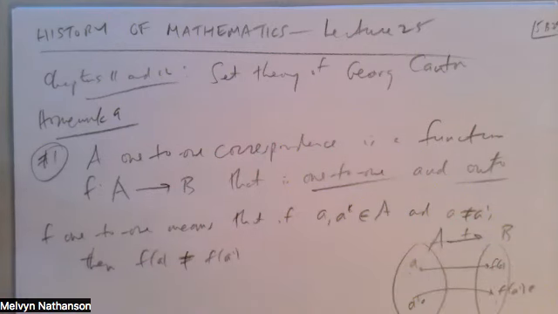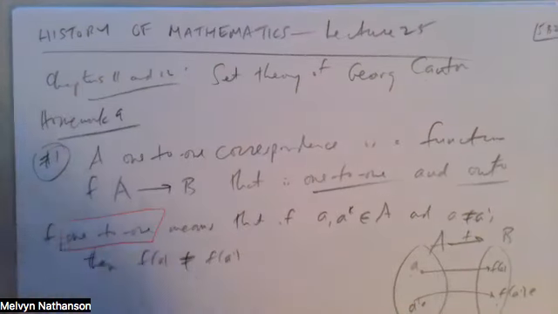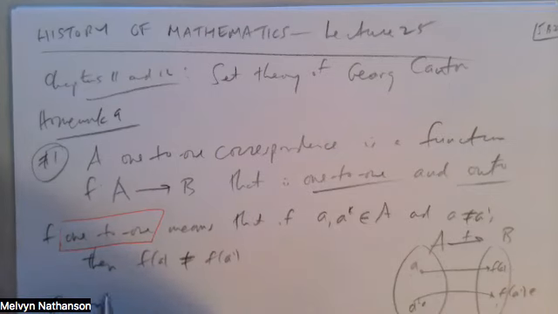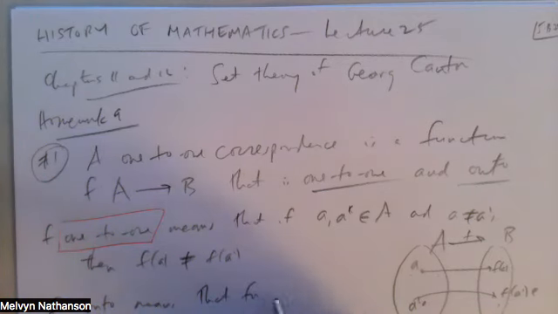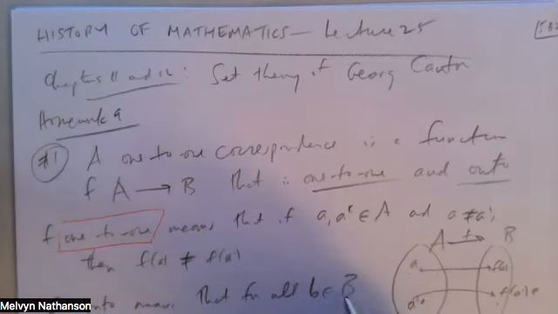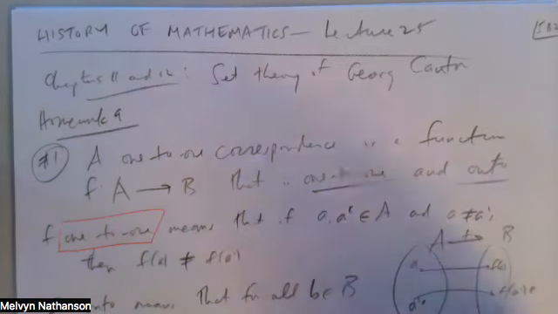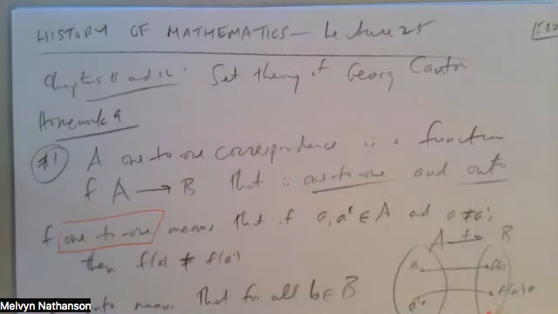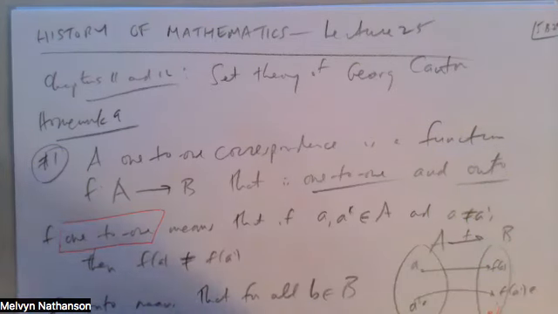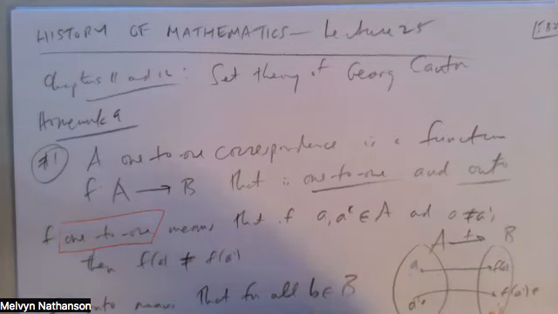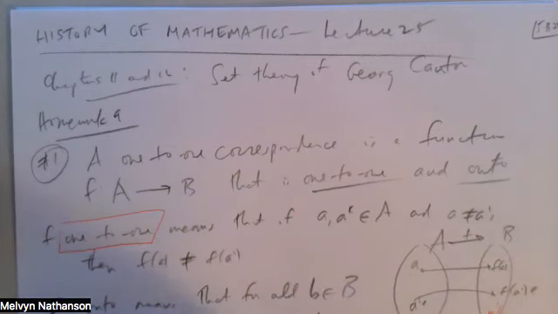That's what one-to-one means. And f is onto means that for every element b in the set B, so here's an element b in the set B, there exists at least one, could be more, at least one element a in the set A with f of a equal to b.